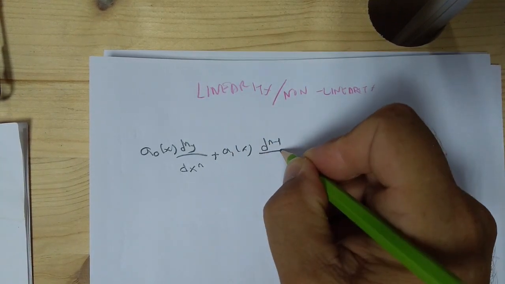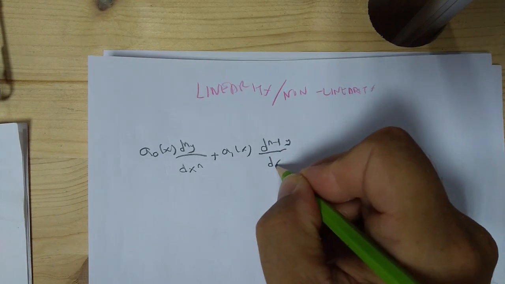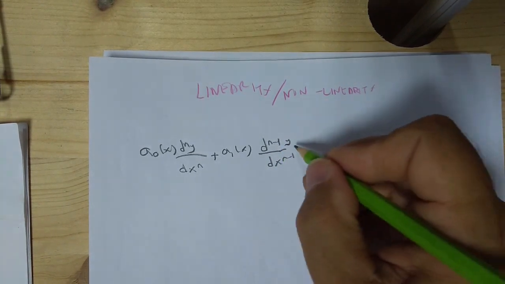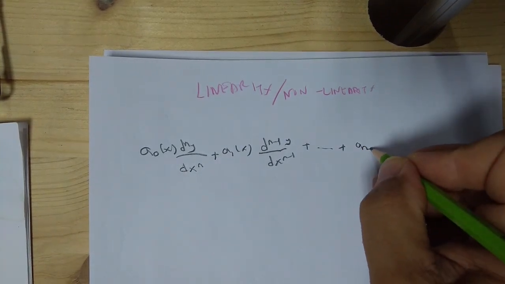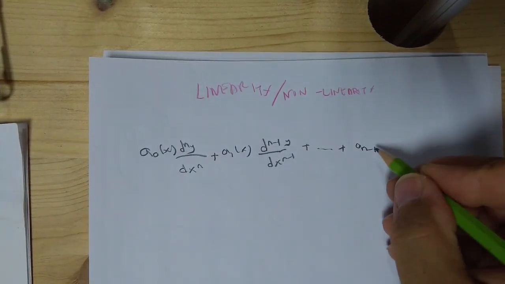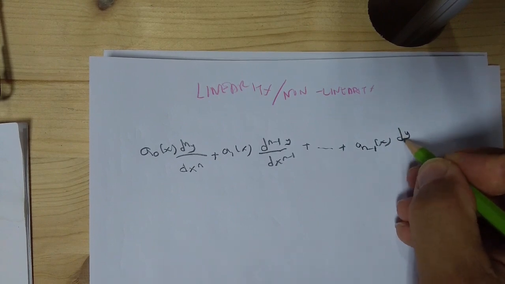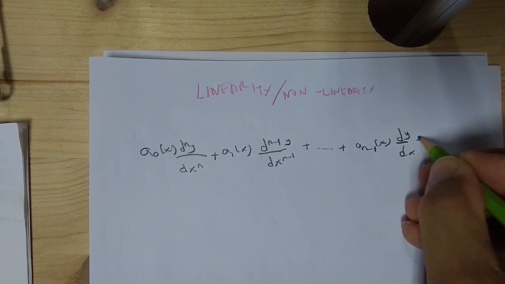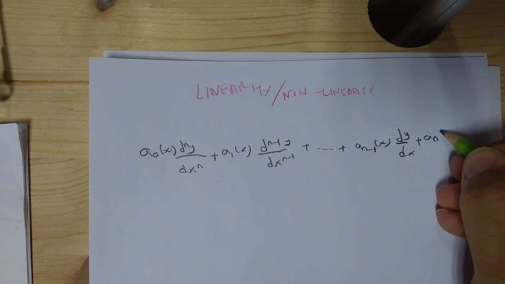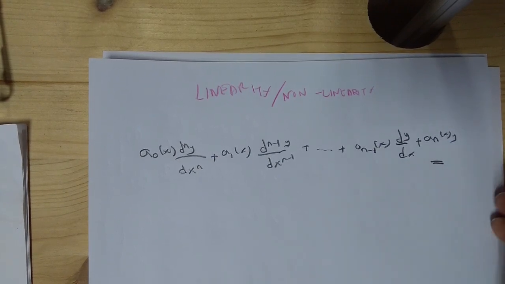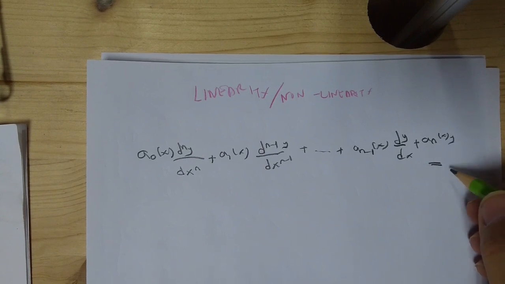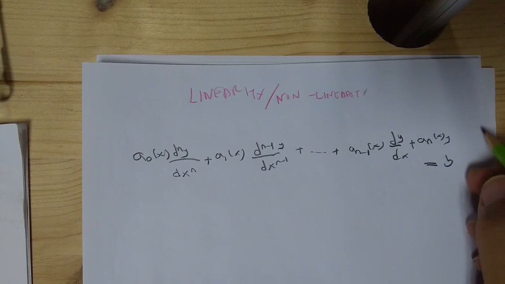The (n-1)th derivative d^(n-1)y over dx^(n-1), and so on, a(n-1)(x) dy over dx plus an(x) y equals b(x).